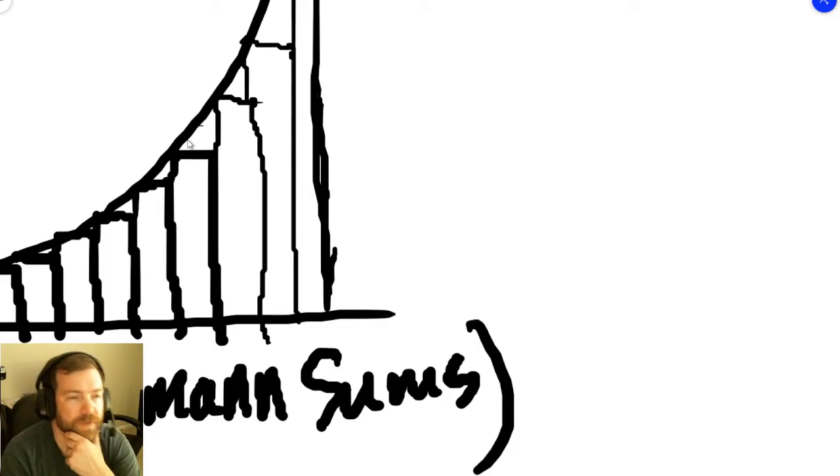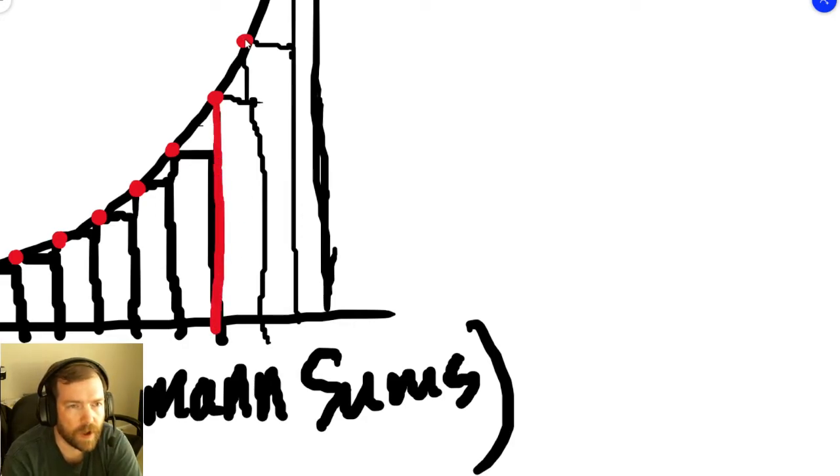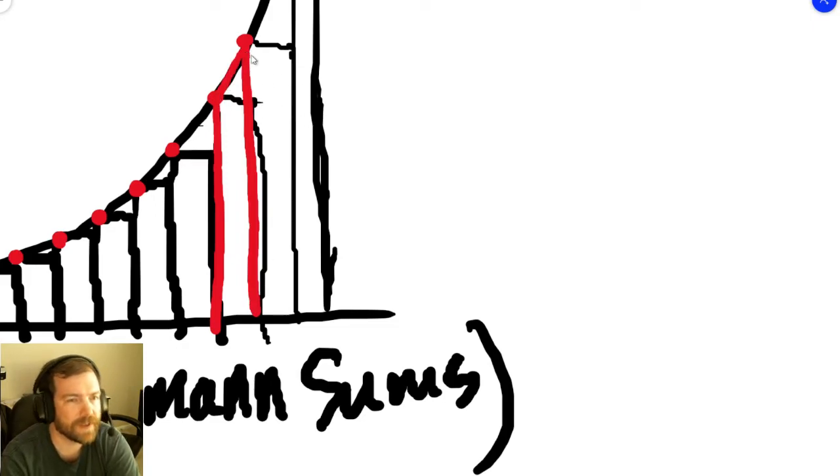One way to fix this is, instead of rectangles, you could start using trapezoids that connect these particular points with straight lines.